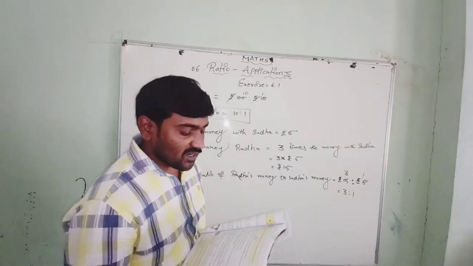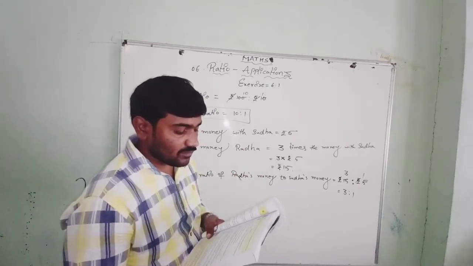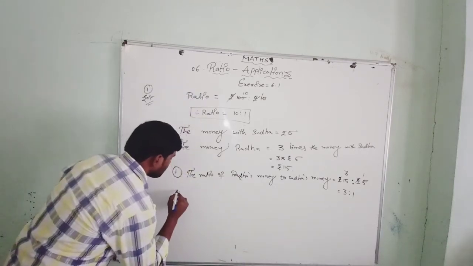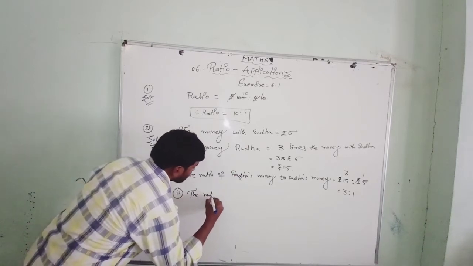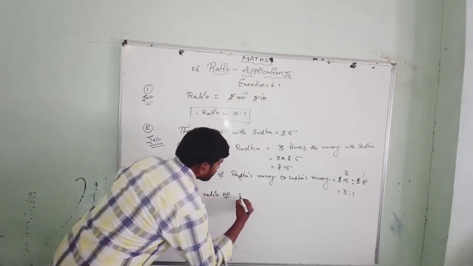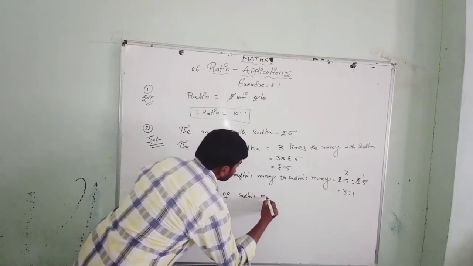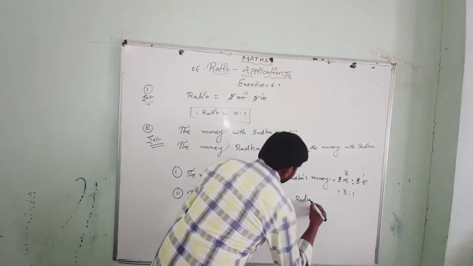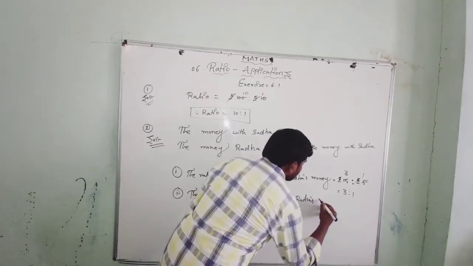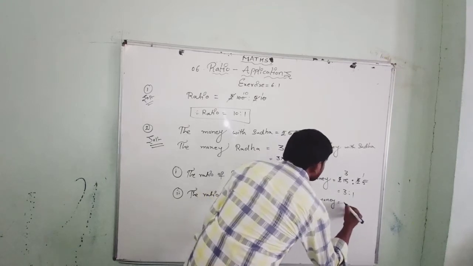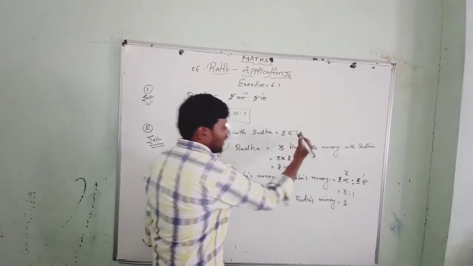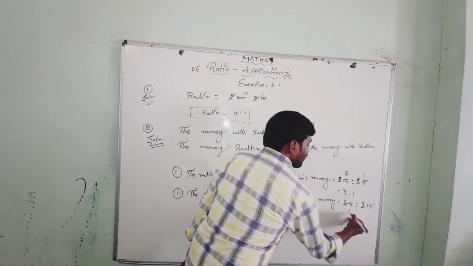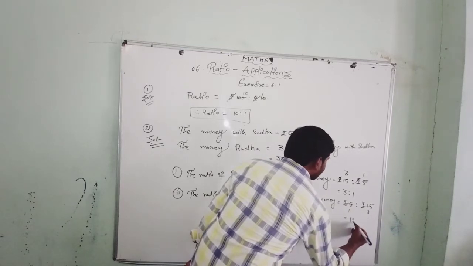So what is the ratio of Sudha's money and Radha's money? The ratio of Sudha's money to Radha's money is equal to rupees 5 is to rupees 15. 5 ones are 5, 5 threes are 15, that is 1 is to 3.